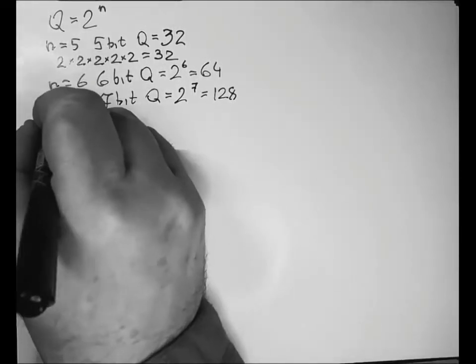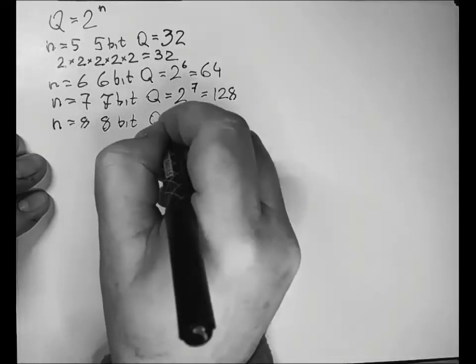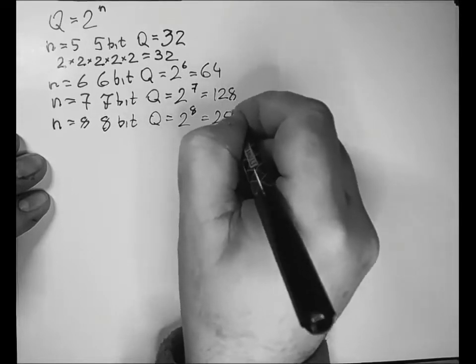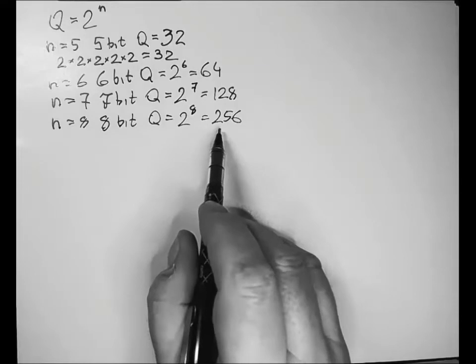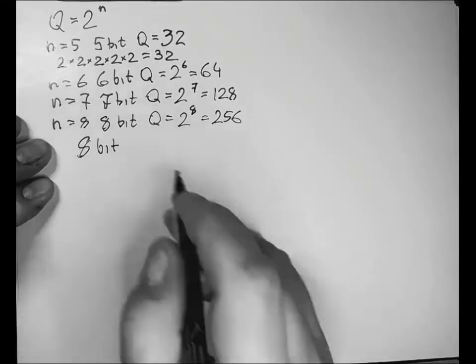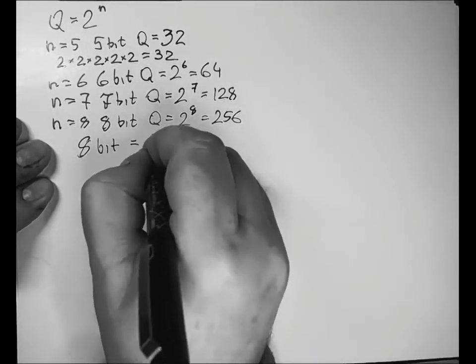Okay, and for n equal 8, that will be 8 bits. Q will be equal to 2 to the power of 8, which is 256. So folks, that is a very significant number, 8, because 8 bits is another measurement unit for information, which is equal to 1 byte.